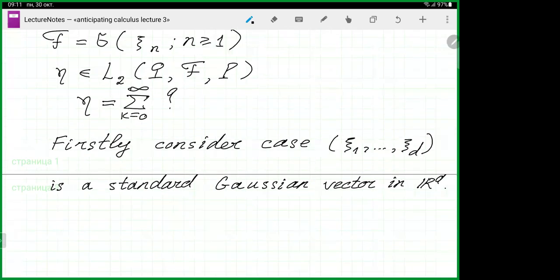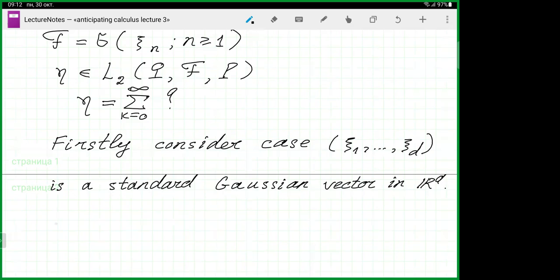Namely, it means that xi1, ..., xi d are independent standard normal variables with zero mean and variance equal to 1. Then one can look for an orthogonal expansion of a square integrable random variable eta with respect to Hermite polynomials from xi1, ..., xi d. Now it is more or less clear how to organize it.